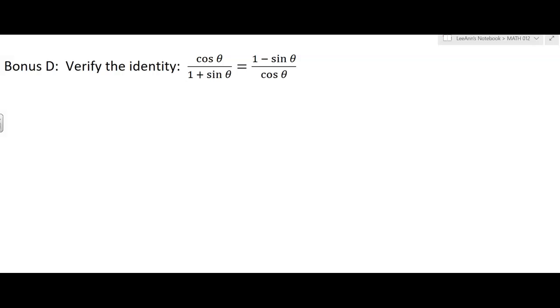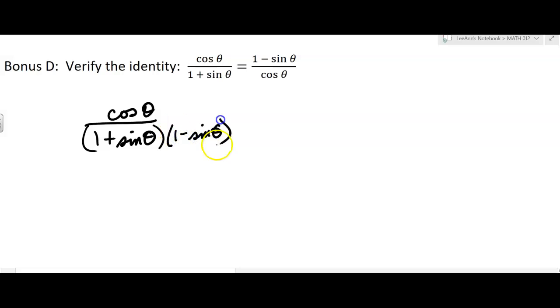Okay, so I'm going to take my cosine theta over 1 plus sine theta. And what I'm going to do is multiply by the conjugate like we've done in the past, 1 minus sine theta. Now, the reason I'm doing that, of course, I have to multiply in the numerator as well as the denominator. The reason I'm doing that is because I want to get a sine squared in there.